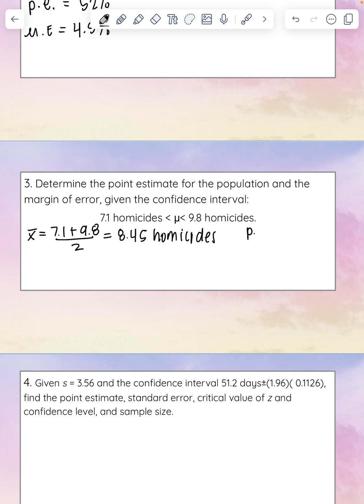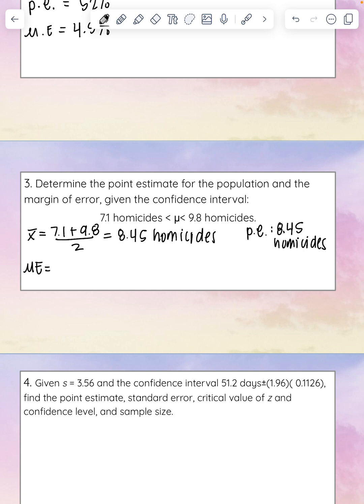Okay, so point estimate, 8.45 homicides. And then for your margin of error, your margin of error accounts for the width of your interval.